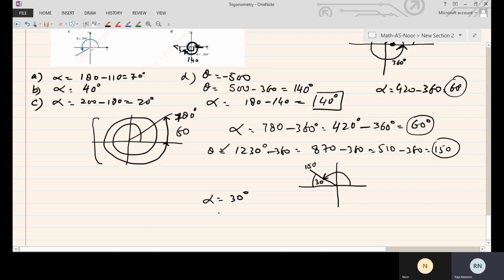Now find the basic angle of 1470. Will it be 30?